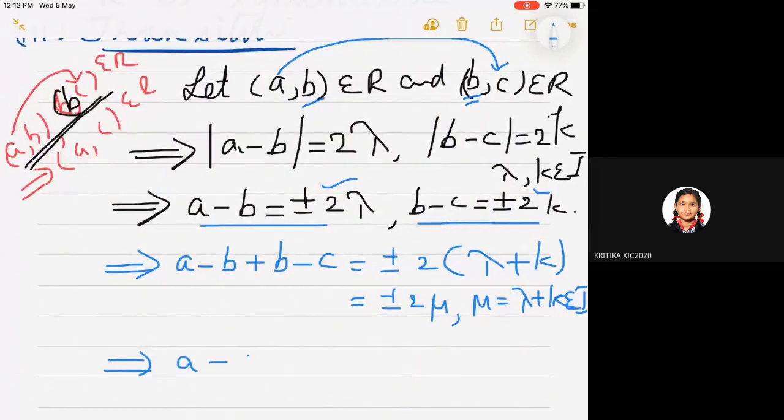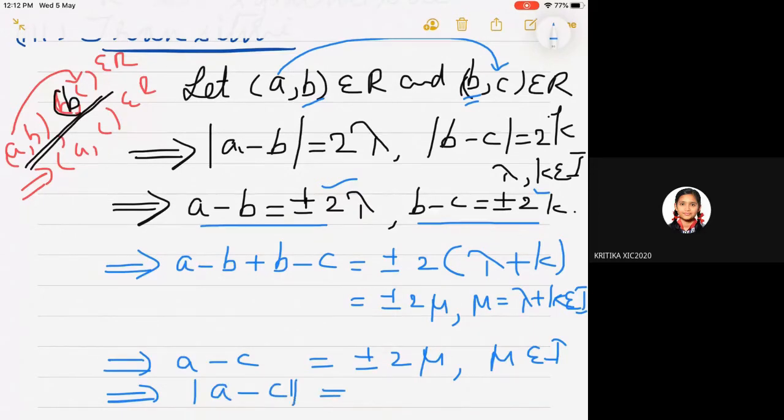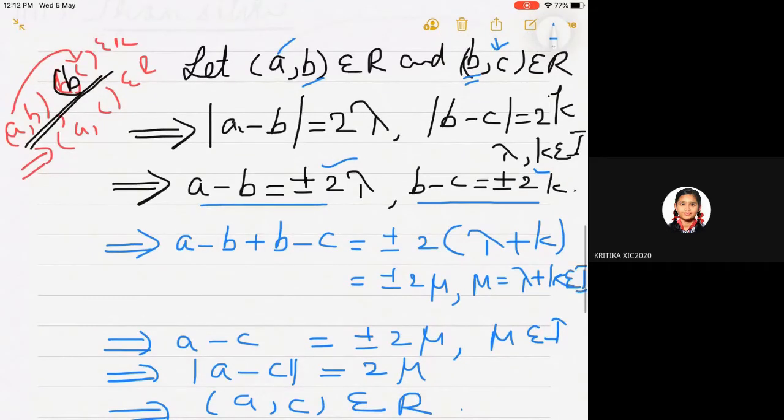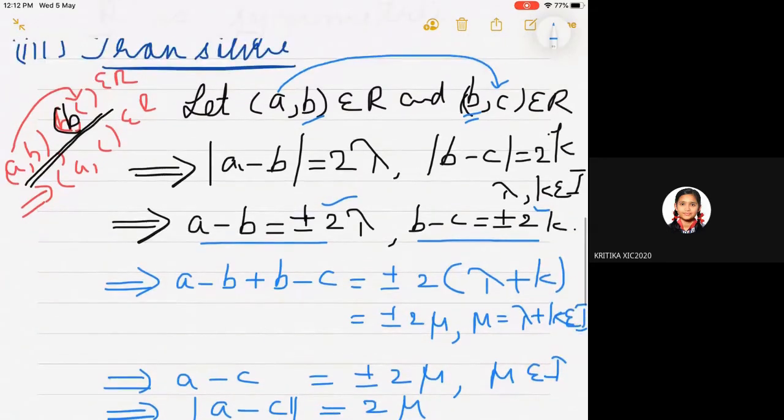A minus C equal to plus or minus 2μ, where μ is an integer, and that means we are going back to modulus sign. Modulus A minus C equal to 2μ. That means the ordered pair (A, C) is an element of R. Therefore, R is transitive.